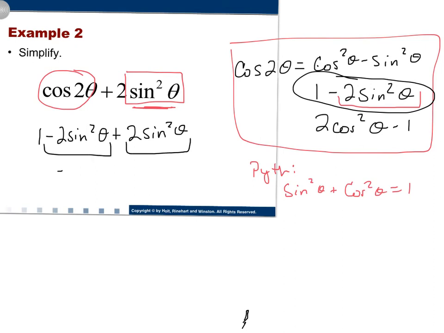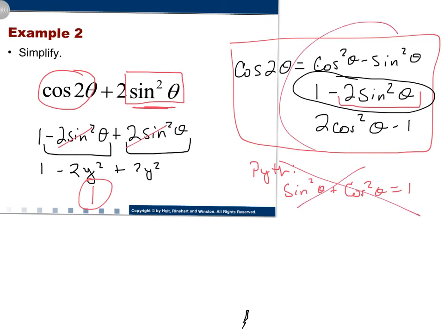These are like terms. It's the same as negative 2y squared plus 2y squared. And it's the same idea, with this extra layer of all these different formulas. So I know that these 2 are going to cross out, and I'm left with my solution of 1. So even though I could technically have used my Pythagorean identity, I didn't need it. I had enough right here to be able to work with it.